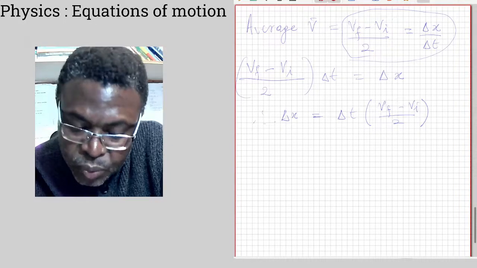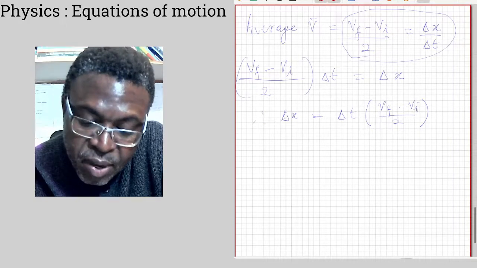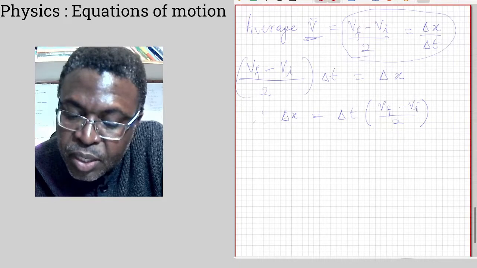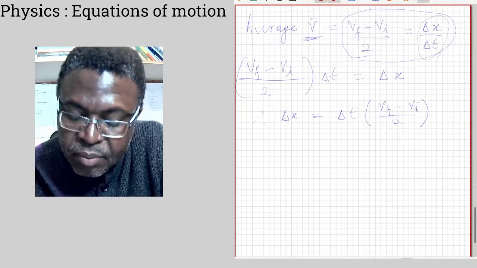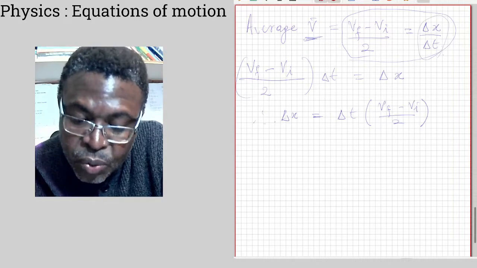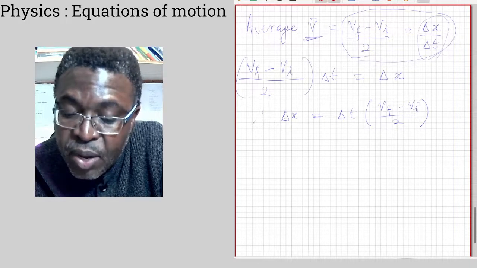We know from the definition of velocity that velocity V is equal to change in displacement over change in time. And we also know that average velocity is Vf minus Vi over 2.